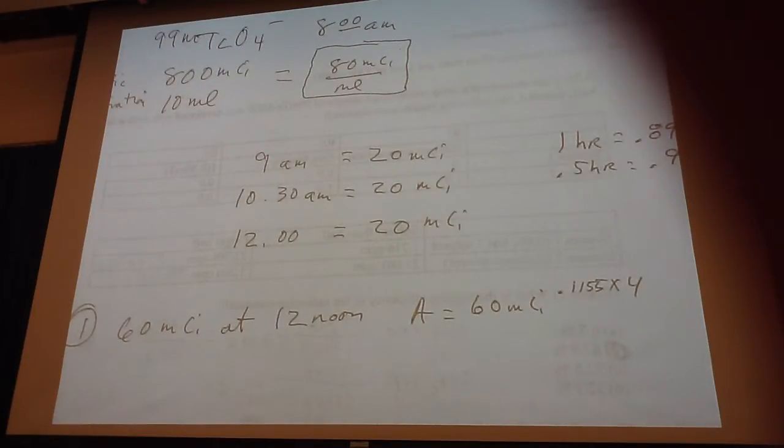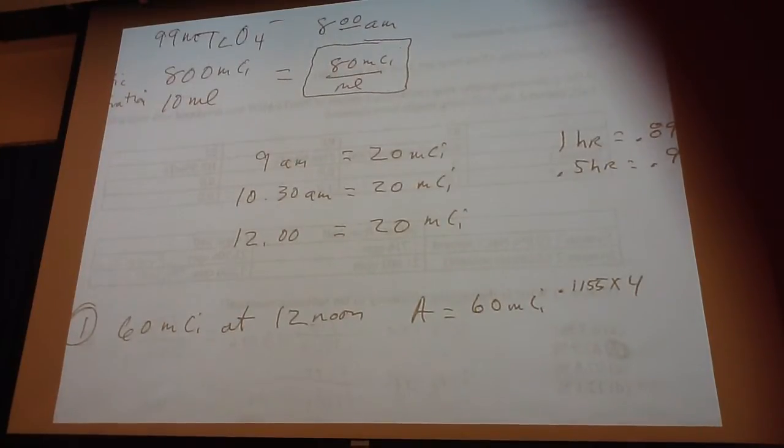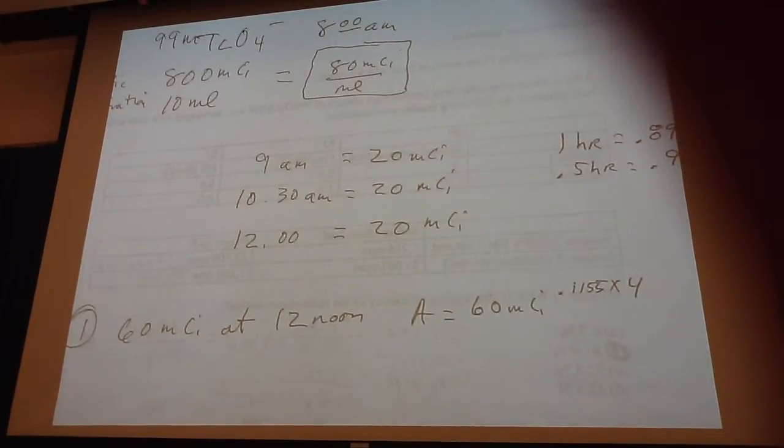Let me just get the calculator on here again. So, 0.1155 times 4 hours equals... for some reason, oh, I see what's happening here.